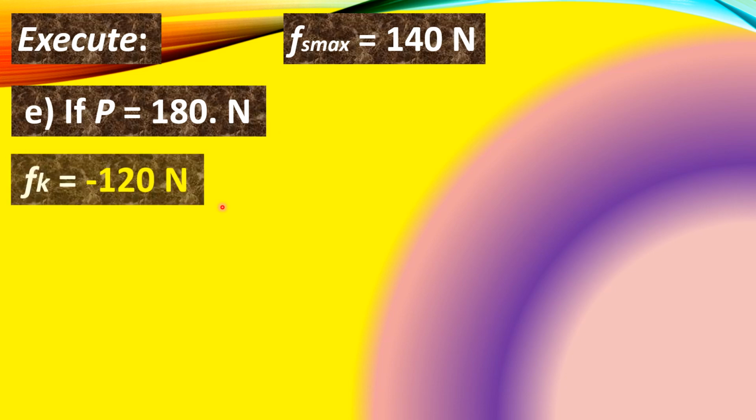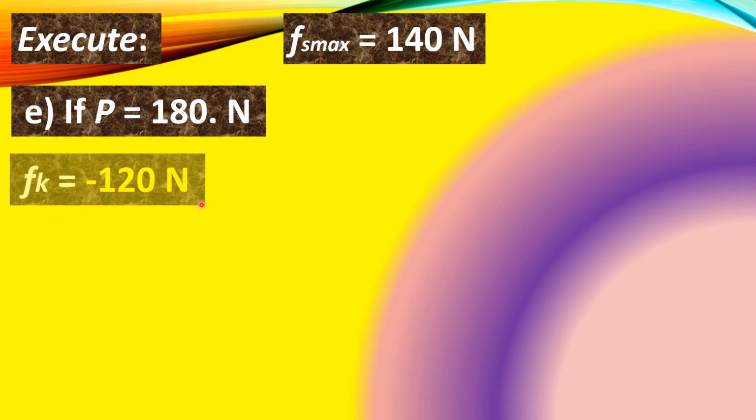And in that situation, the question is how much is the friction force acting on the crate if that amount of applied force is exerted on the crate? Our answer is the force of friction will now be equal to what we call the kinetic friction.